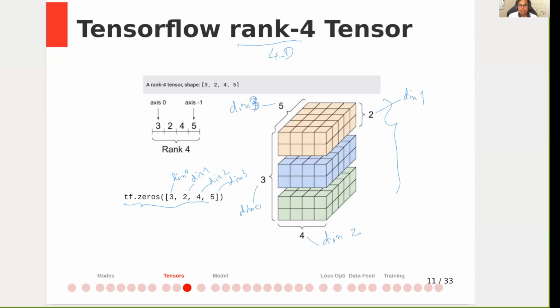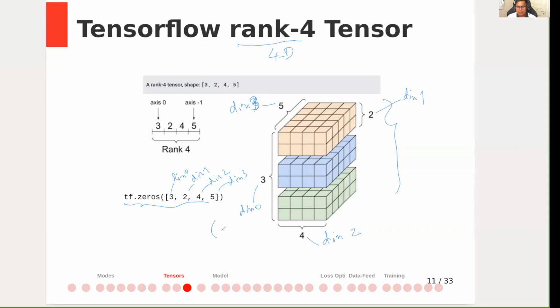If you look at the first dimension, or dimension 0, it can be interpreted as the number of images, if you are talking about an image processing example.